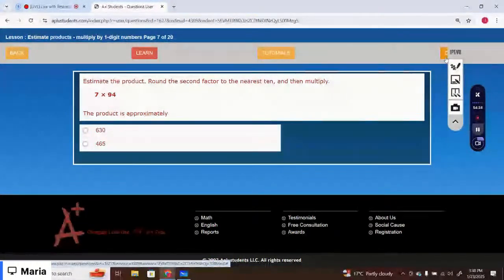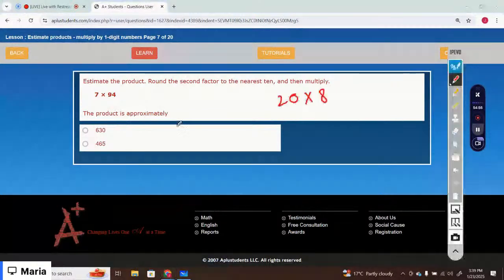7 times 94. 94 is rounded to 90. So 9 times 7 is 63. That is 630.